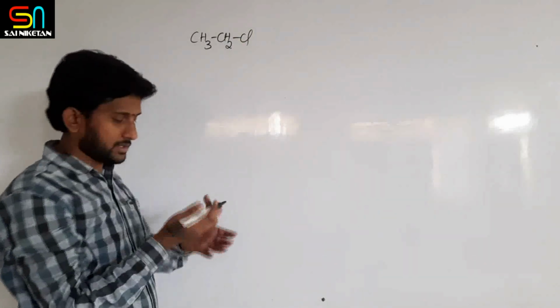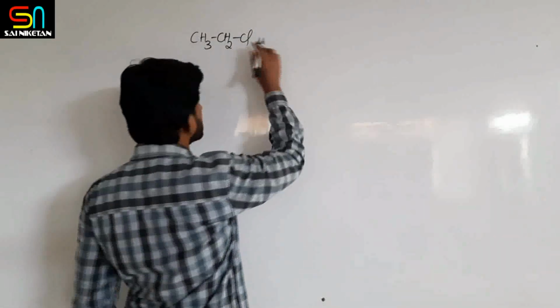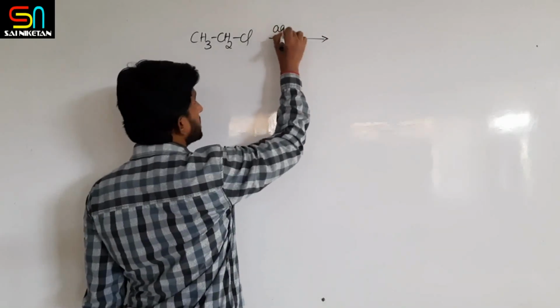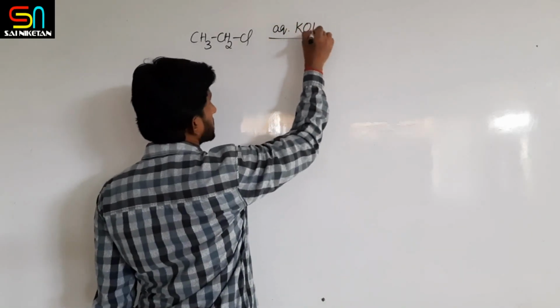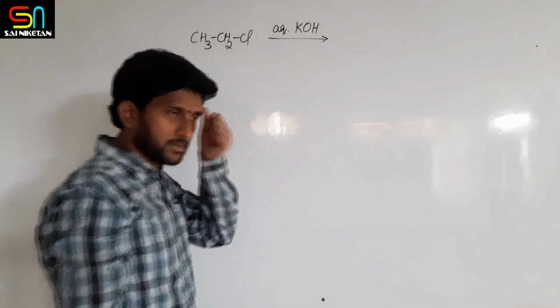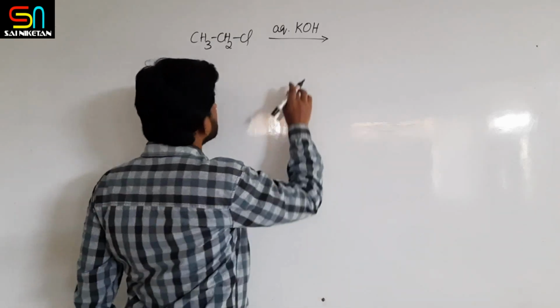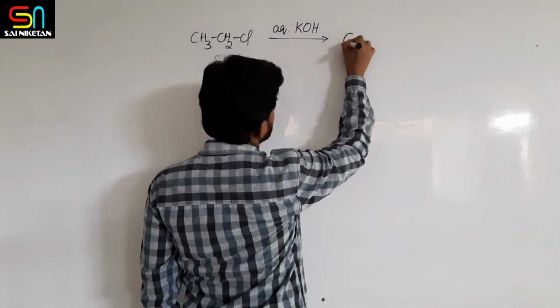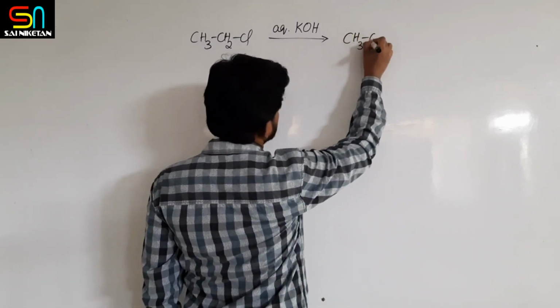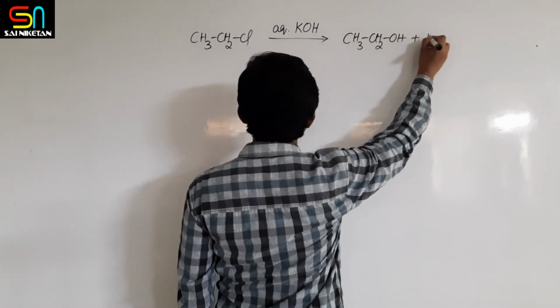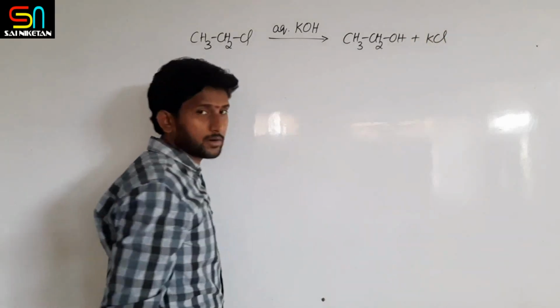If you remember the nucleophilic substitution examples, on reaction with aqueous KOH, it forms which product? Ethyl alcohol. It forms ethyl alcohol, right?